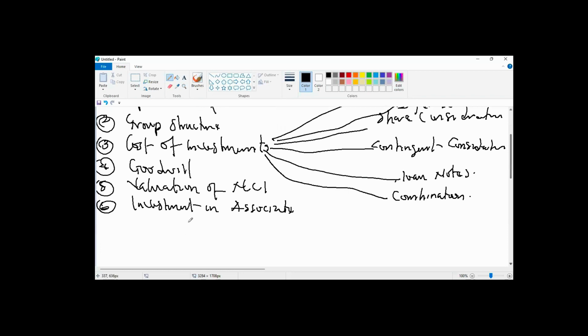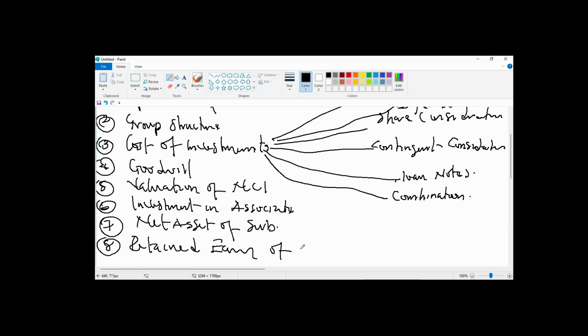Seven, we'll talk about retained earning, net assets of subsidiaries. Then eight, retained earning of sub. Then the adjustments.